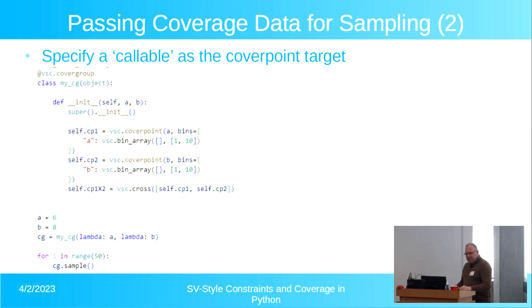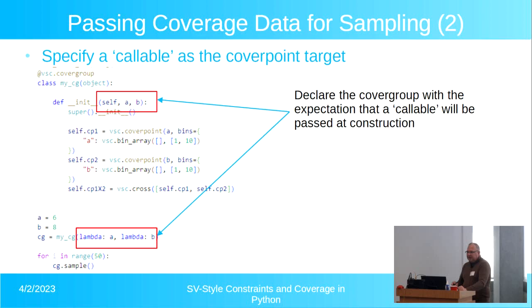Now, there's a more general mechanism, which is, if you've worked with Python, it has this notion of a callable. A callable can be a function, a lambda expression, basically anything that you can invoke, and as a function, it can return a value. So we can set up our cover group to accept callables and define our coverage goals in terms of those callables.